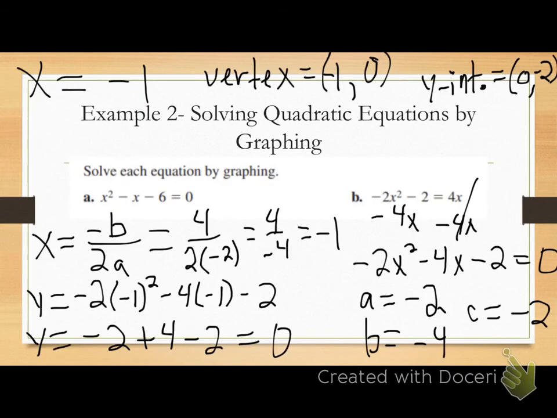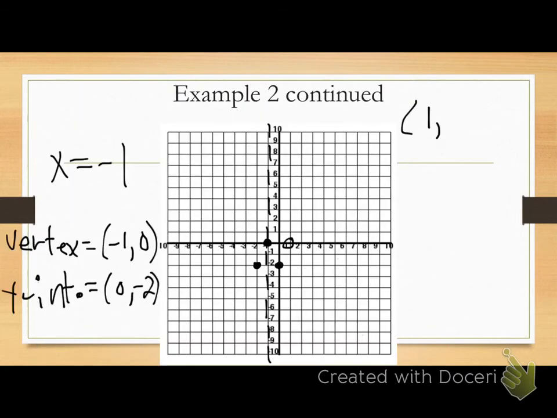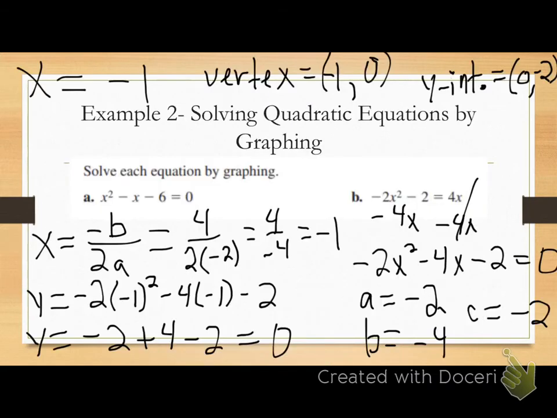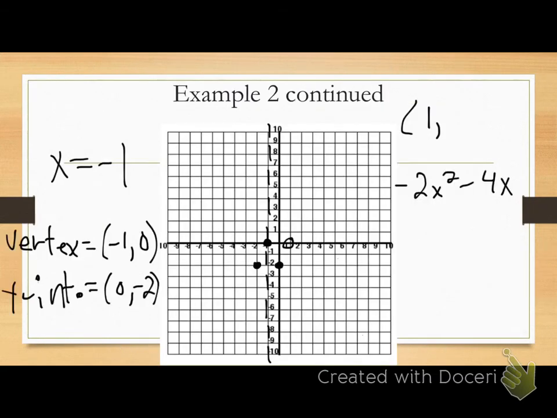So my function is -2x squared minus 4x minus 2 equals y. So if I wanted to find the point where the x value is 1, I just plug 1 in for x. Does everyone see that? When I work it down, that's going to give me my y value.